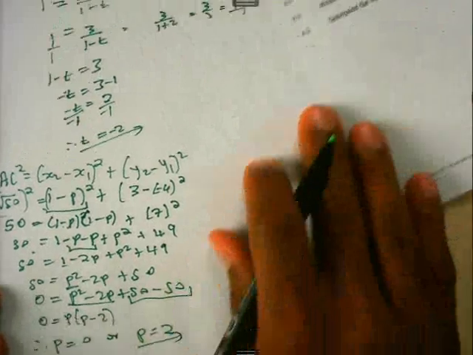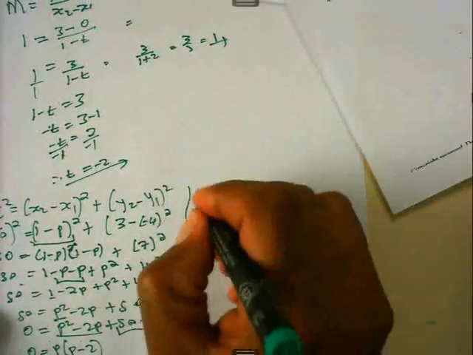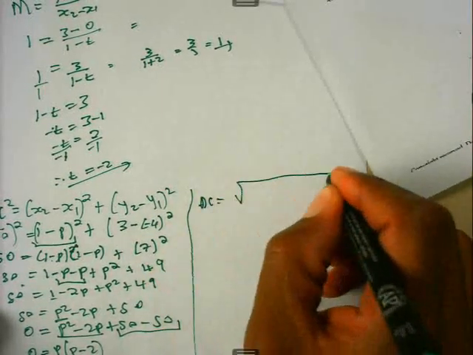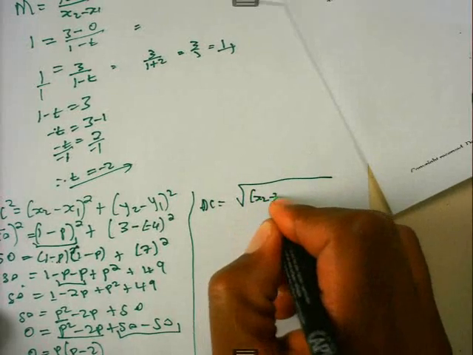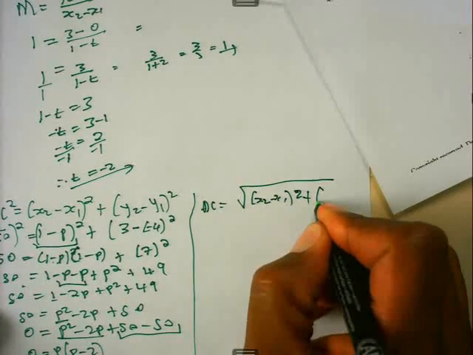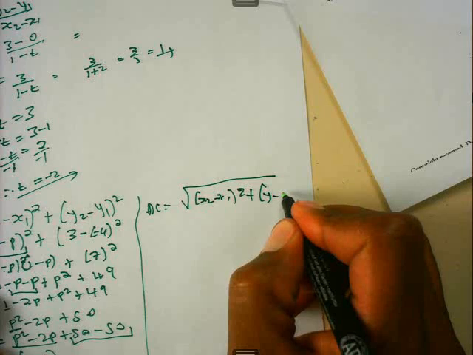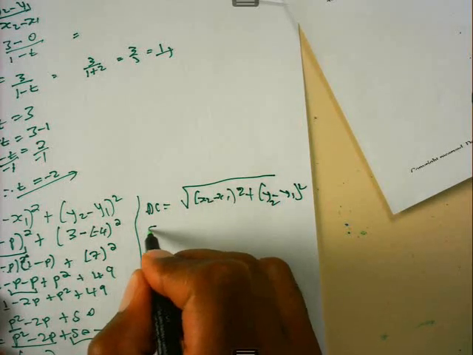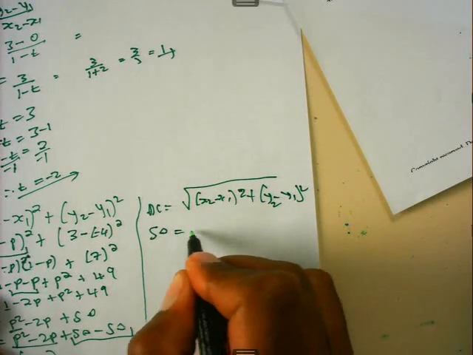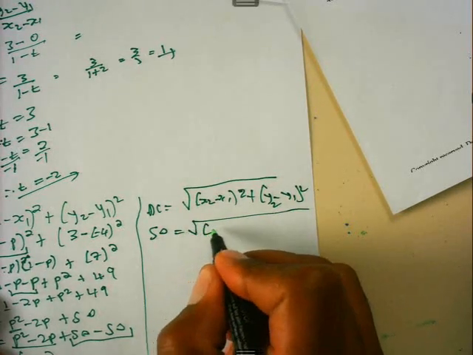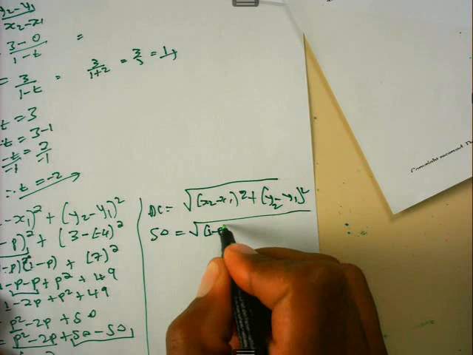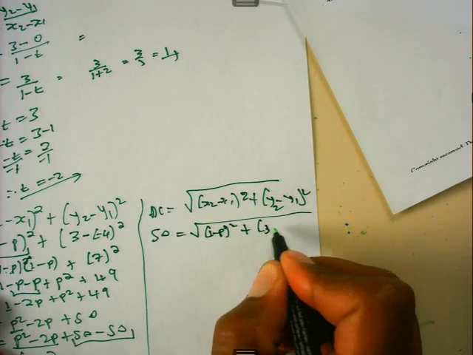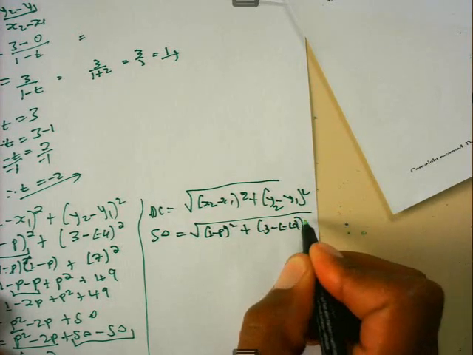Of course, if you have used the other one where AC is equal to the square root of x2 minus x1 squared plus y2 minus y1 all squared, then immediately from here you can say 50 is equal to the square root of 1 minus p all squared plus 3 minus 4 all squared.